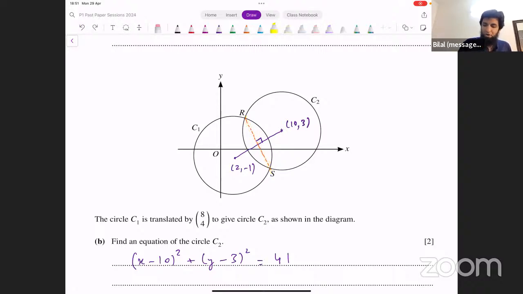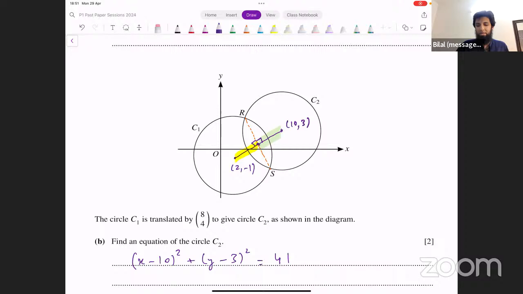If I were to draw a line that is perpendicular from C1 to the midpoint of this chord, the angle made here would be 90 degrees. RS is also a chord of the other circle. So I can also draw a line from the other center to this point, and that will also meet this at the midpoint.